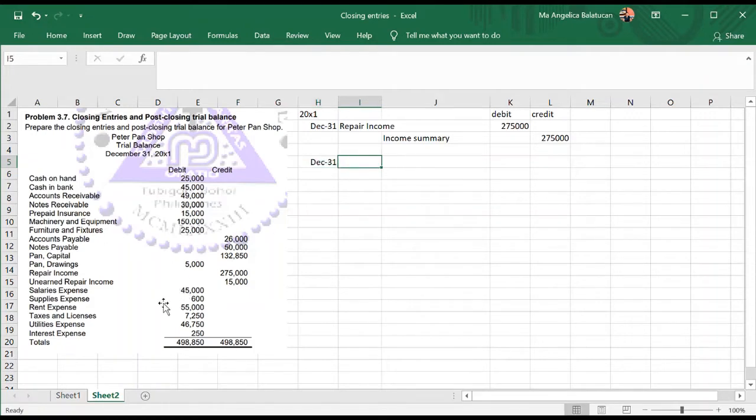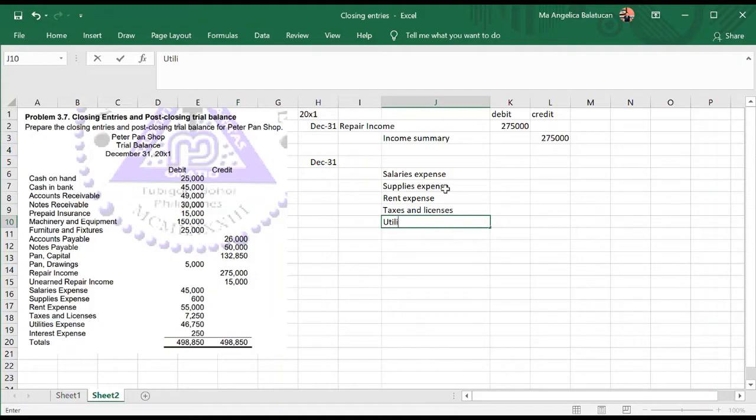The next entry would be for the expenses. Since the expenses have debit balances, we're going to credit them all in order to close them. So we have salaries expense, supplies expense, rent expense, taxes and licenses, utilities expense, then interest expense.